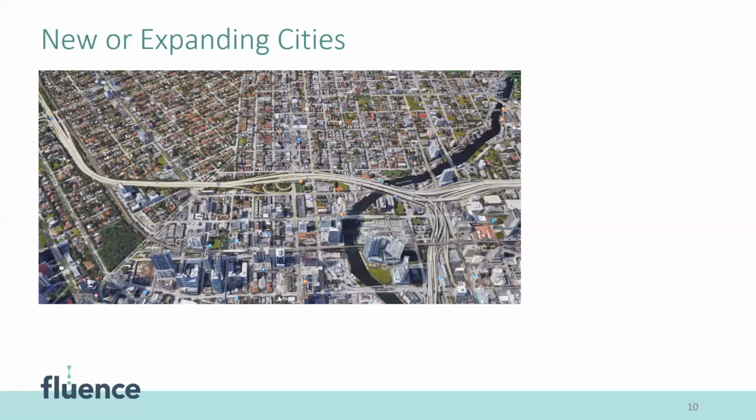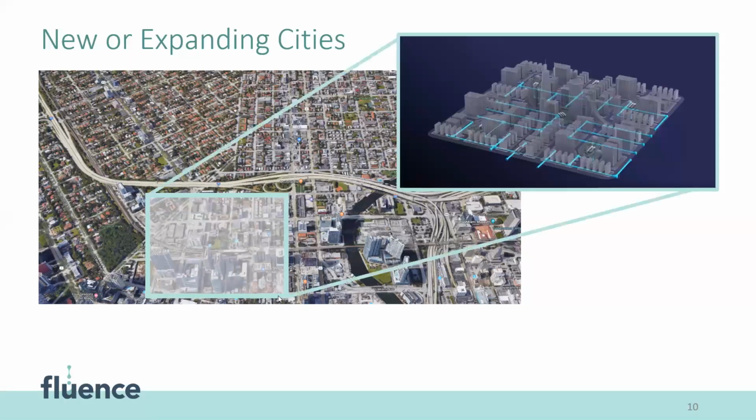So it could have this local collection system leading to several treatment and reuse plants, as shown in the enlarged picture on the right. So that's the case for cities.